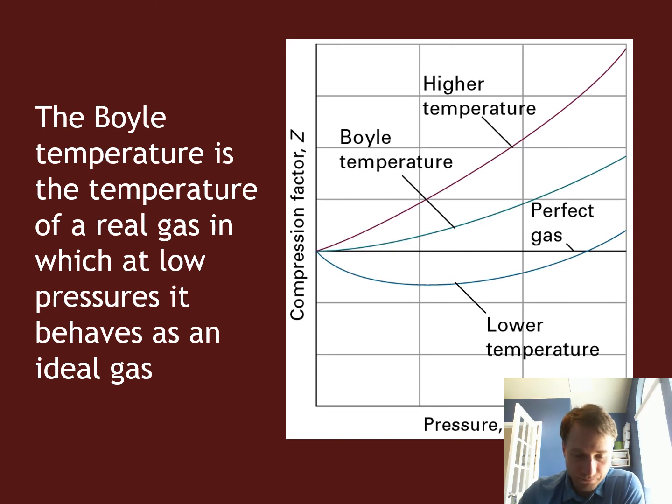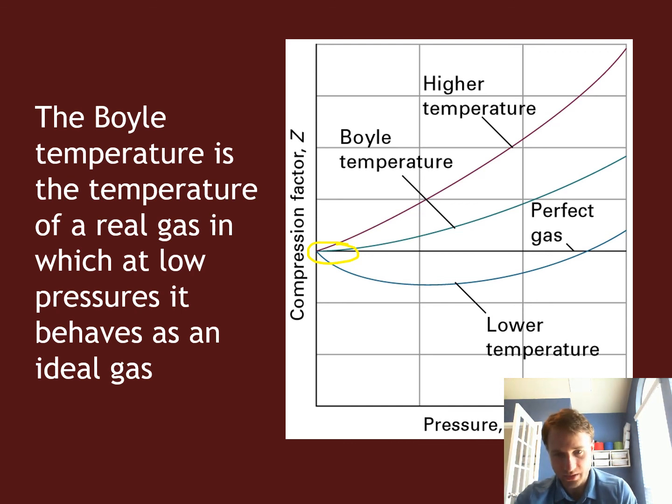And then here talking about the Boyle temperature. The Boyle temperature for a gas is the temperature at which the compression factor Z is equal to 1 for the longest range of pressures, the most types of pressures, if you will.